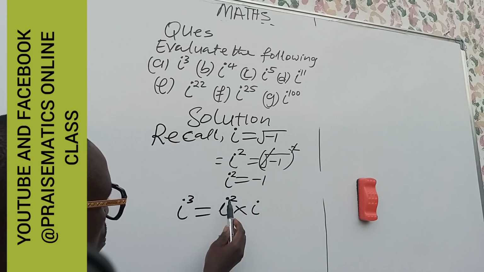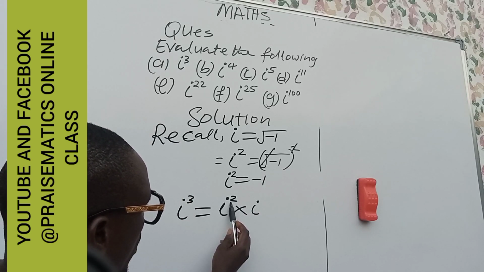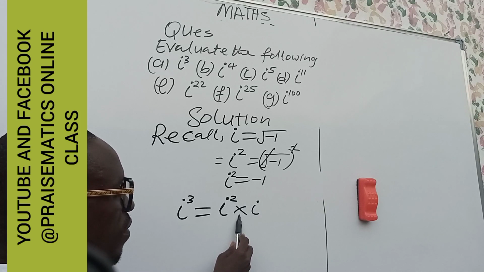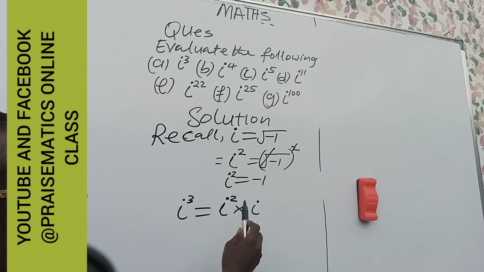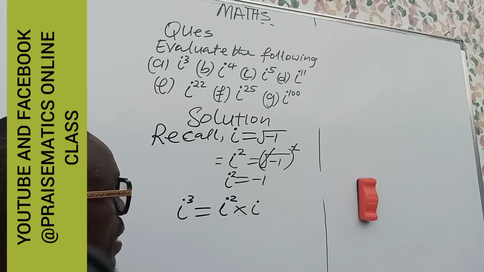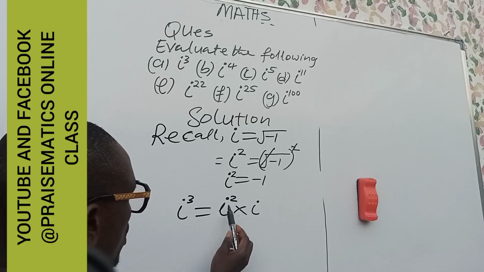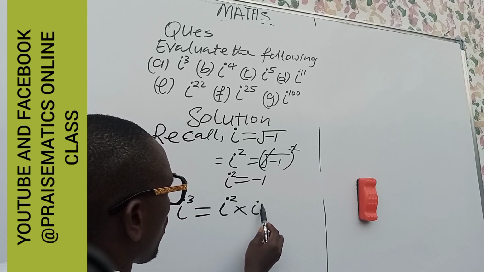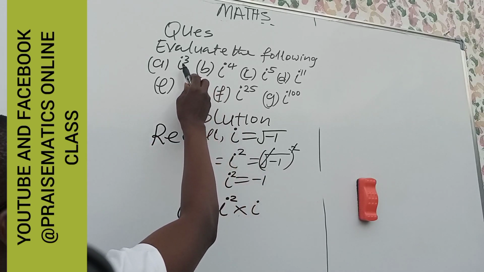By the law of indices, whenever you have multiplication, you add the powers, in as much as they have the same base. So i power 2 times i power 1 will give you i power 3.